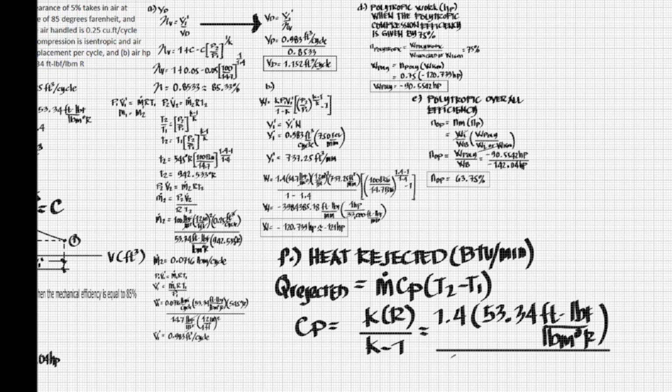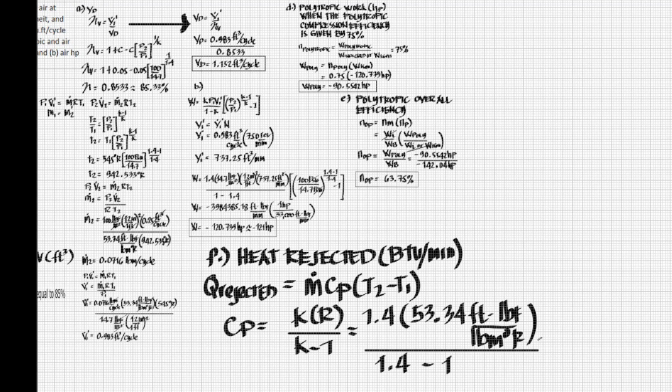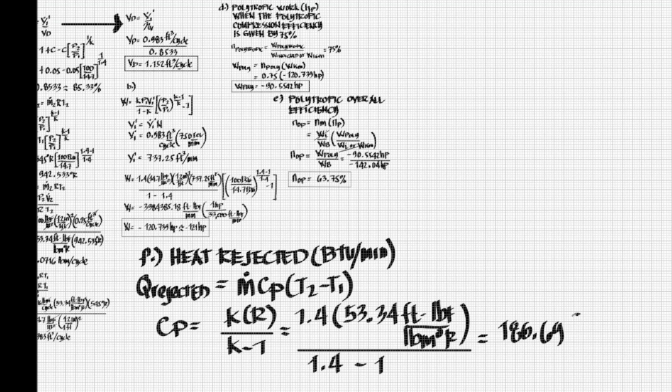And this is all over 1.4 minus 1. Okay. So, pressing your calculator, the value of my CP will be 186.69 foot pound force per pound mass degree Rankine.